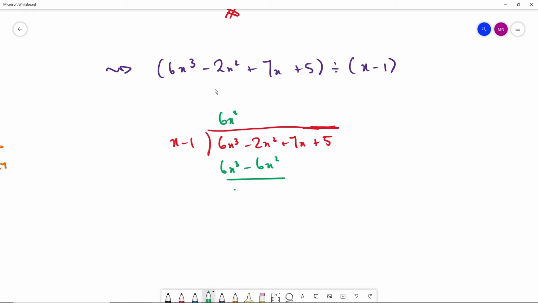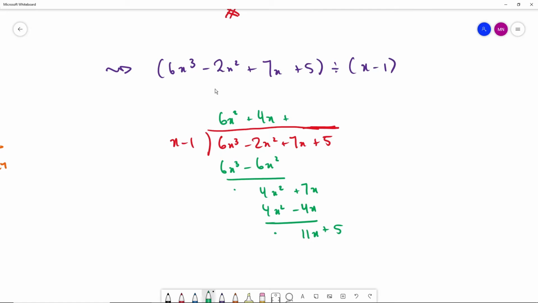Then we have 4x squared plus 7x. So then we choose 4x, becoming 4x squared minus 4x, then it becomes 0, so then we have 11x plus 5.